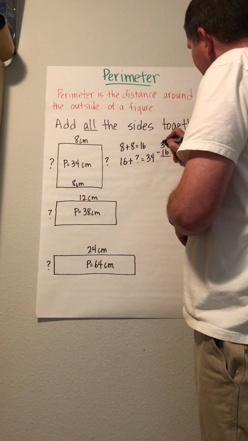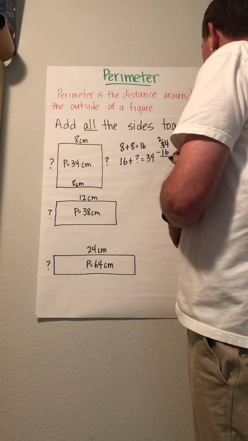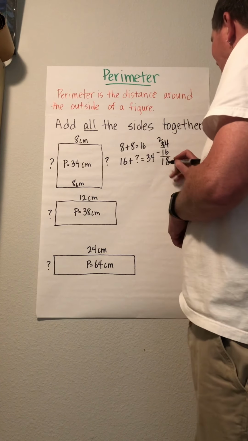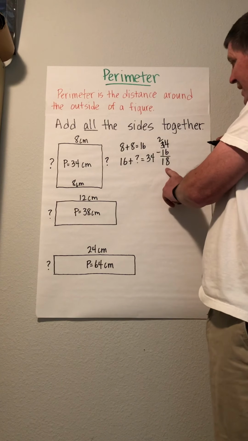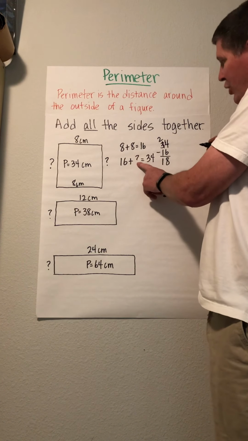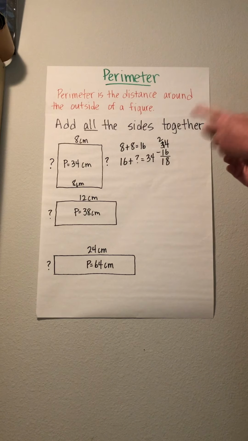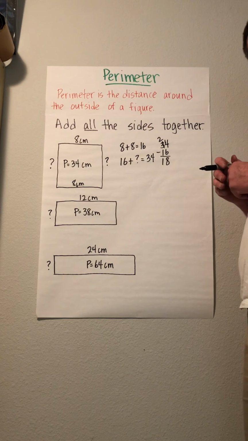So 4 minus, so that becomes a 2, that becomes a 14. 14 minus 6 is 8. 2 minus 1 is 1. So it's 18. So I know that this question mark is 18. Now this question mark represents two sides. So what two numbers do you add together to equal 18?